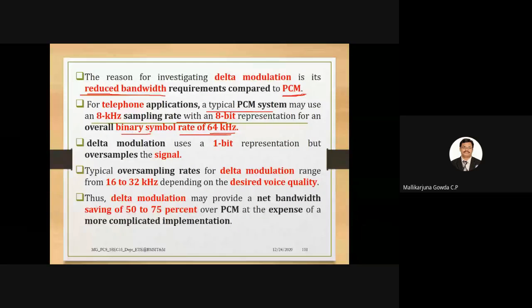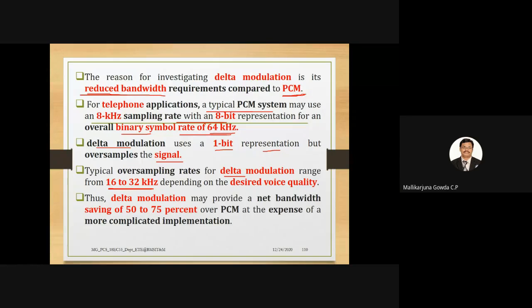But if I use delta modulation instead of PCM, it uses a 1-bit representation level, and it will be oversampling the signal. So the oversampling rate of delta modulation will range from 16 to 32 kilohertz.